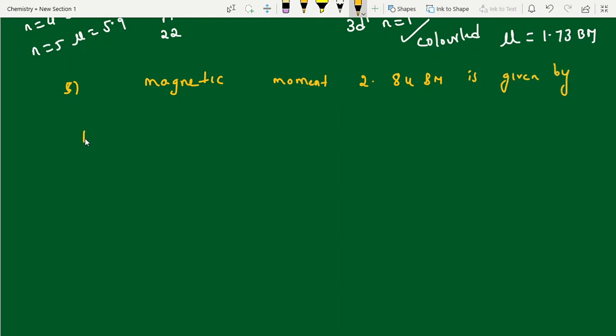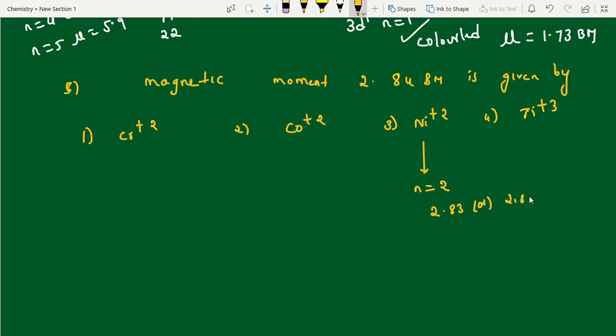Your options: chromium plus 2, second option cobalt plus 2, third option nickel plus 2, and the fourth option titanium plus 3. See students, nickel plus 2, just now we calculated, unpaired electrons is 2, 2.83 or 2.84. Within a minute you will get the answer. Your answer is nickel. If you want, you can check it.